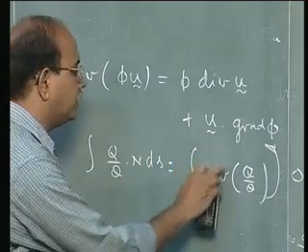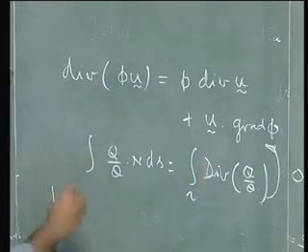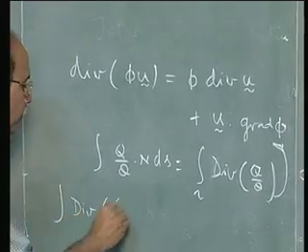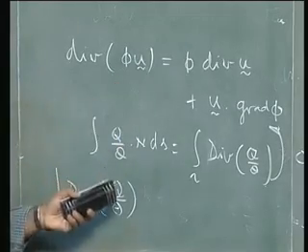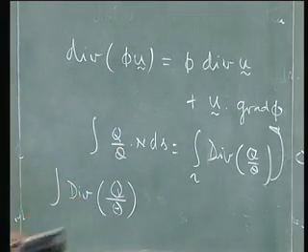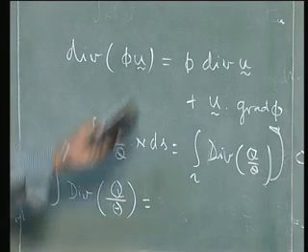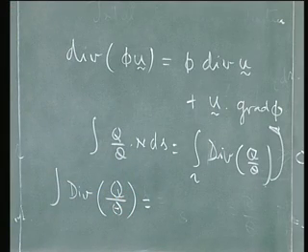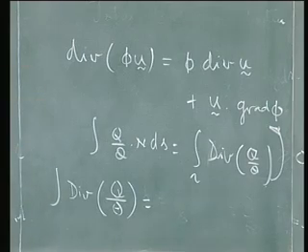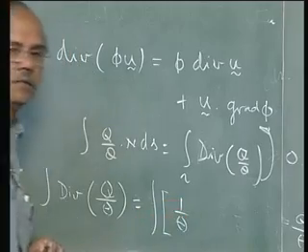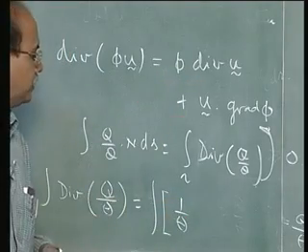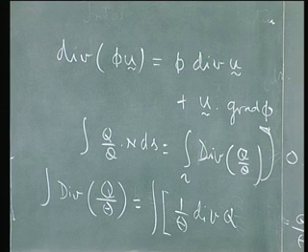I should write capital D because the divergence is with respect to the reference configuration. So divergence of q by theta, of course, q is a vector. In this case u becomes q, phi becomes 1 by theta, and so you can write that down using what we have. The first term will become phi, 1 by theta. So this is equal to the integral of 1 by theta into divergence of q. Let's see how you write down the second one.